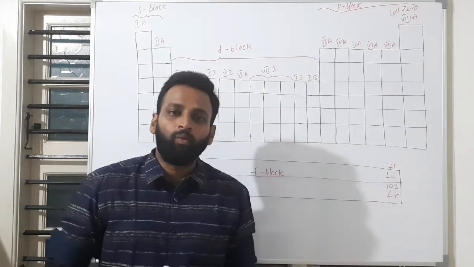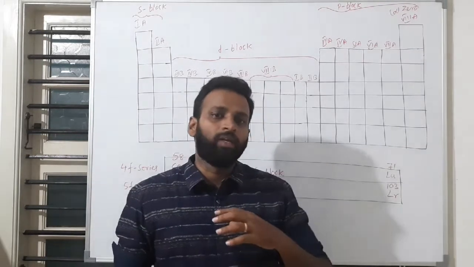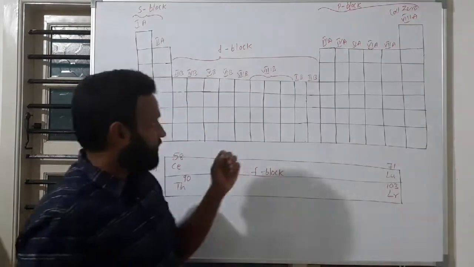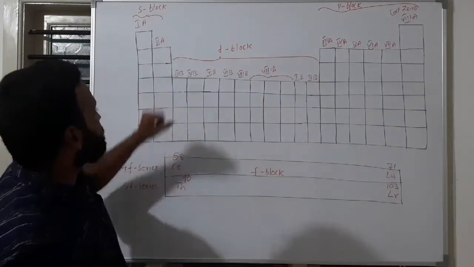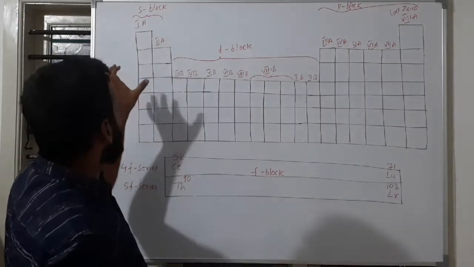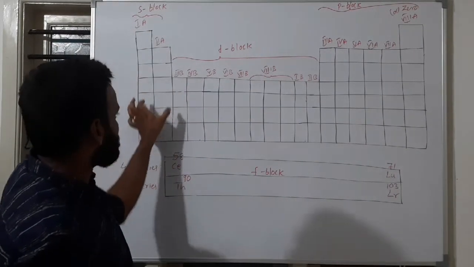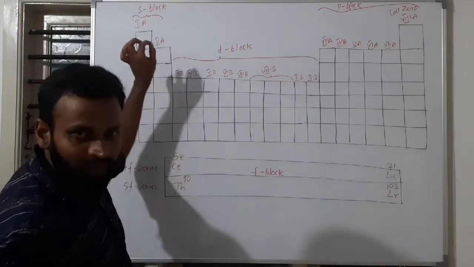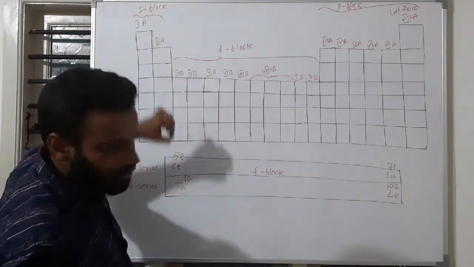So previously, what we discussed, we will just recap in 1 minute. We discussed the classification of elements in the long form of the periodic table. There we have the S block, which consists of two groups. Vertical columns are called groups.